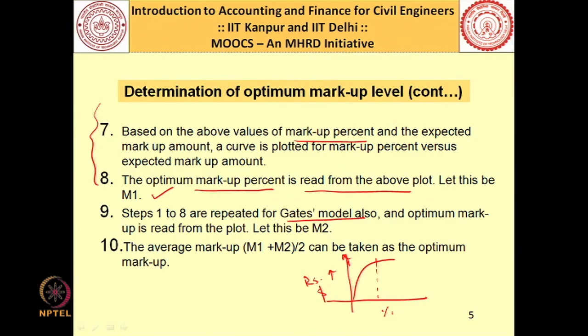Gates model is going to give you a different markup percentage because the formulas we use here are different, and let us say the optimal markup we get from this exercise is M2. So, M1 I got from Friedman's application, M2 I get from Gates application. Now, as I told you in the previous lecture, we will add them up. So, M1 plus M2 by 2, and that is what we will apply on my total cost to submit a particular bid. So, these are the various steps which we need to follow.